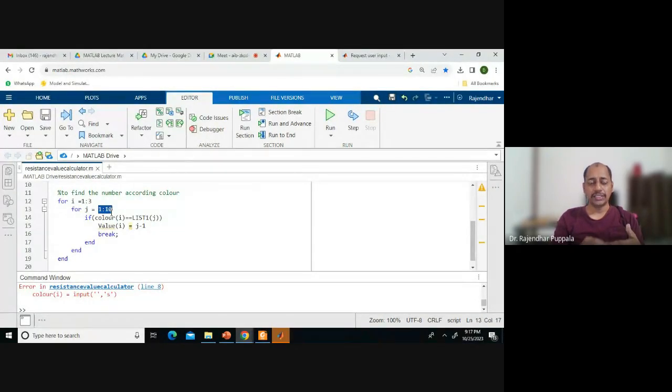If red is at the fourth position, what is the output you will get here? The color you have selected is in list 1, and if the red position is at 4, you will get 4 minus 1. 3 is the value here. So you can consider the value is 3, right?